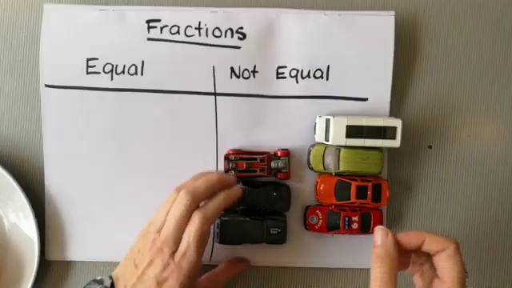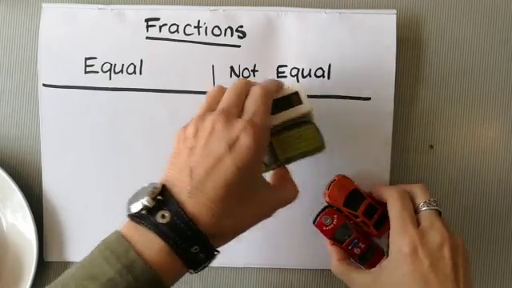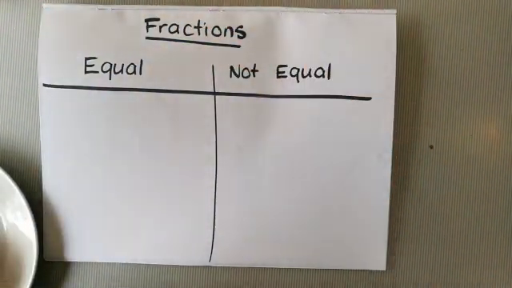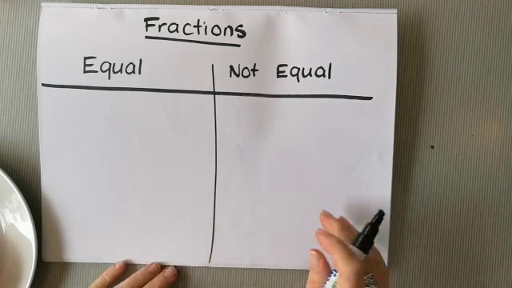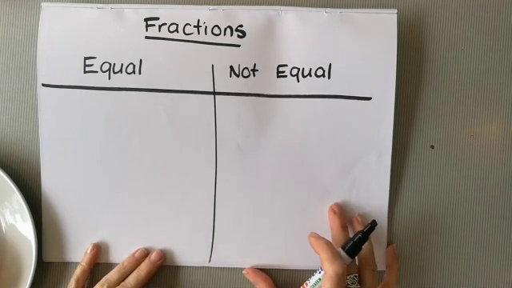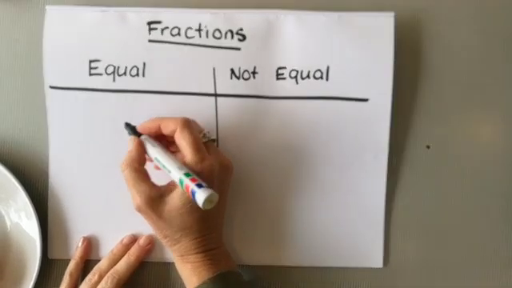Now, if you don't have any of these things, you might just be able to draw some things. You could draw some pictures, or you might have a worksheet that has some images of objects or collections, and you can then split them.